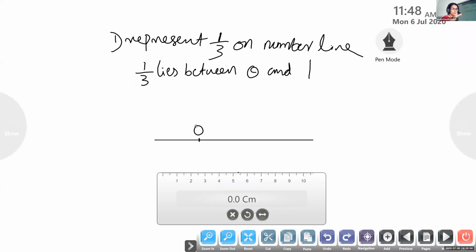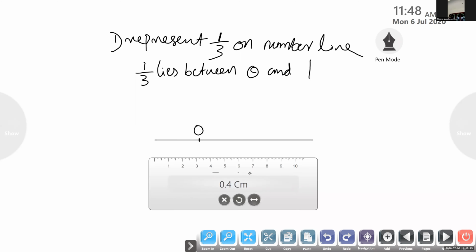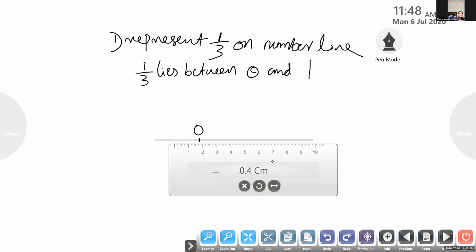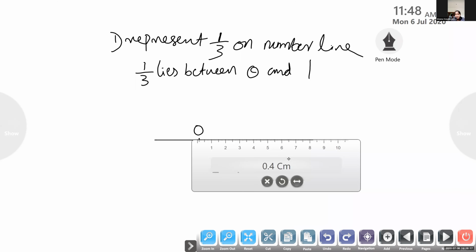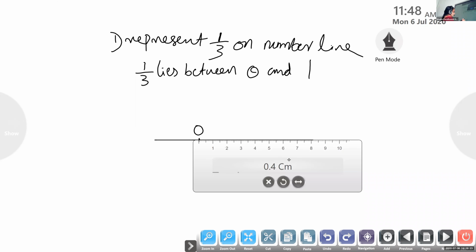From 0, the positive and negative numbers start. This is the point 0. Now, since we need to find 1/3, mark 3 equal distances on that line.